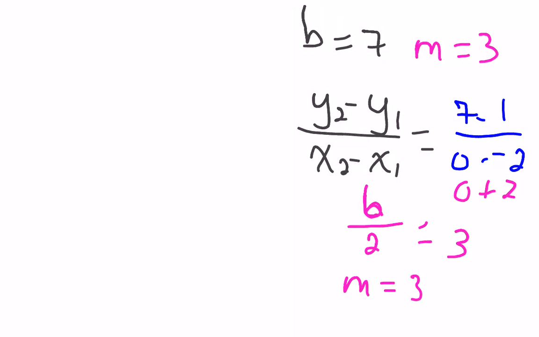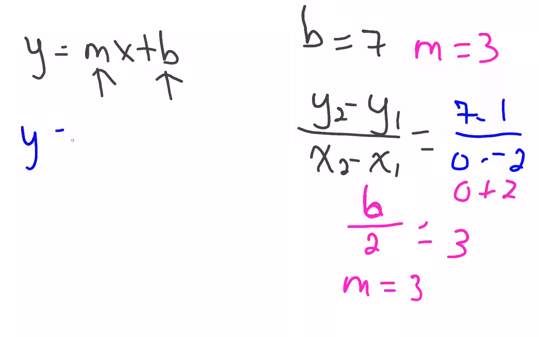All right, now we have all of our pieces. If we use y equals mx plus b, we have m and we have b. So y equals 3x plus 7. We would be totally golden right now if it said slope-intercept form, but it wants general form.